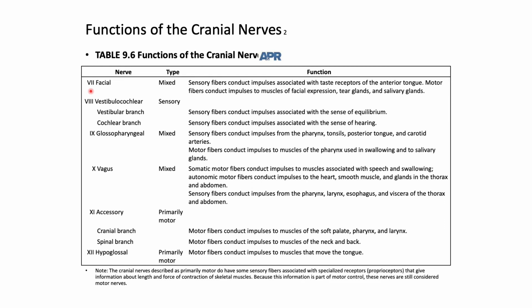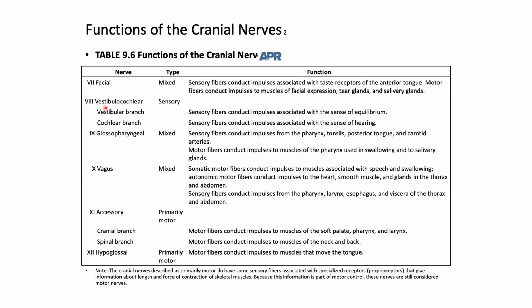Cranial nerve number 7 is called the facial nerve. This provides motor input to facial muscles. So basically the muscles that we use when smiling and making other facial expressions are enabled by the facial nerve. Cranial nerve number 8 is called the vestibulocochlear nerve.